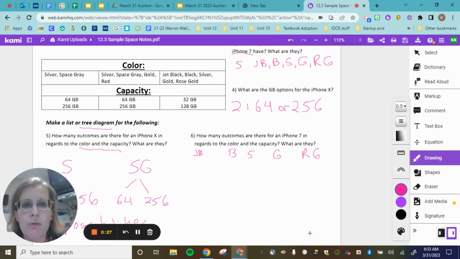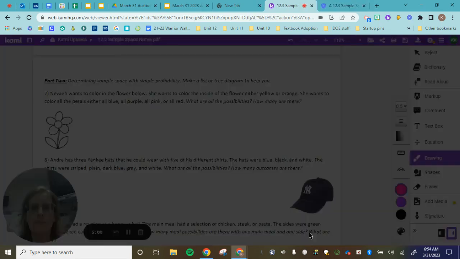That's 1, 2, 3, 4, 5 choices, 5 colors. Then same thing. It would be 32, 128. So each one of these, I'm sorry, I'm running out of space, would have 32 or 128. So that's 1, 2, 3, 4, 5, 6, 7, 8, 9, 10. 10 different options that you could have.